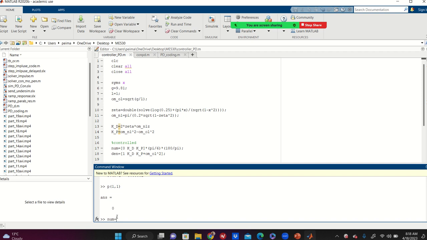If I say num is, for a fourth order system, 0, 0, 0, 0, and 1, and then den is 1, 10, 5, 20, and 0, because the last one is 0.